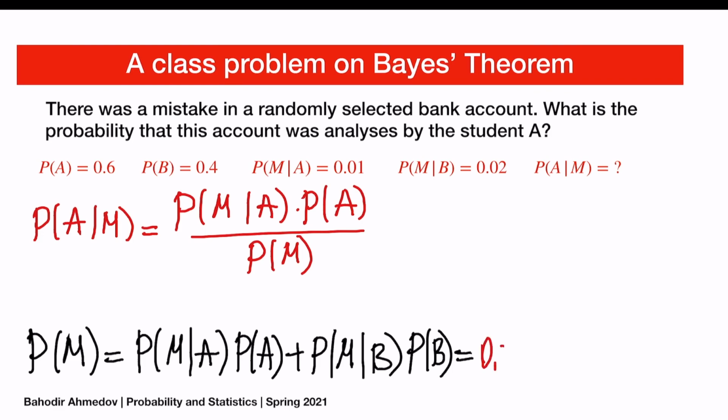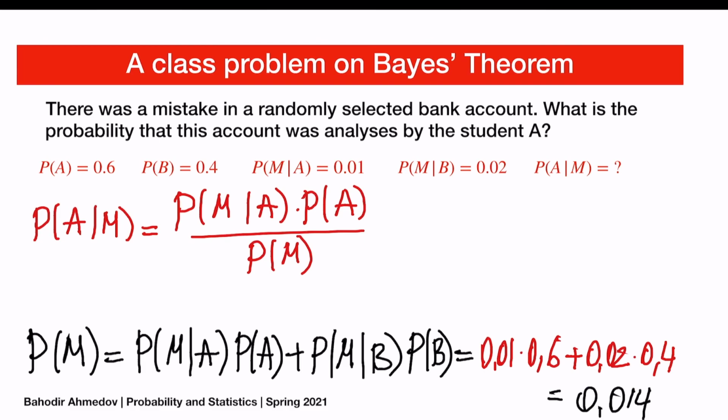It is going to be 0.01 times 0.6 plus 0.02 times 0.4. Can you help me with the calculations? 0.014. Okay, cool. So I'm just going to put this in here.